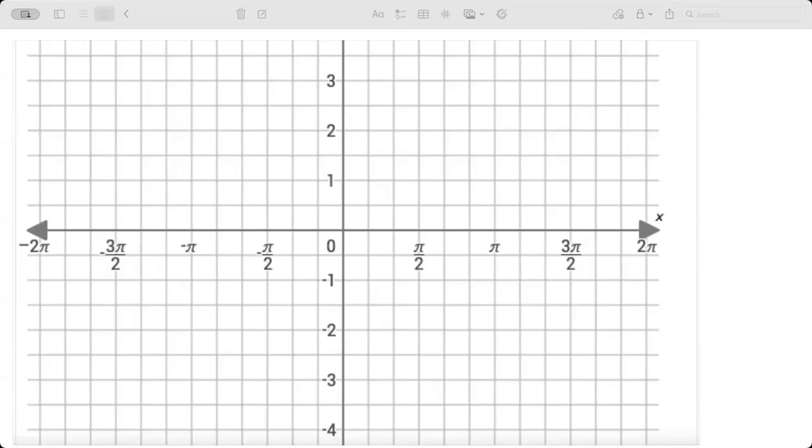I'm going to have this graph. 2 sine x by 2 plus 1 equal to f of x.